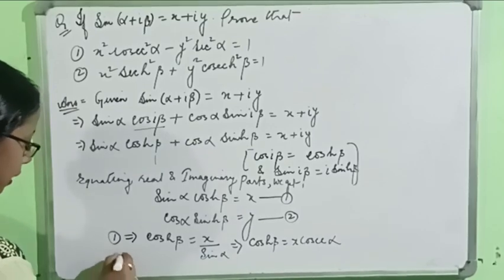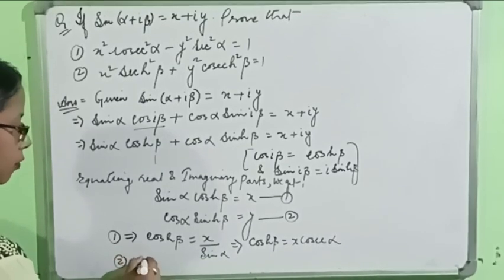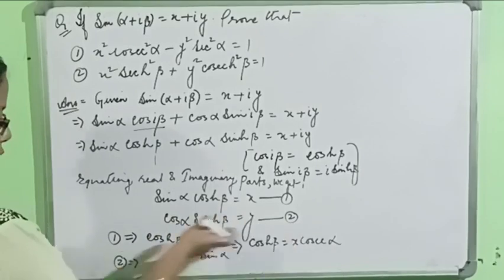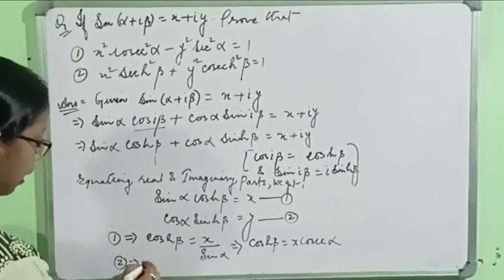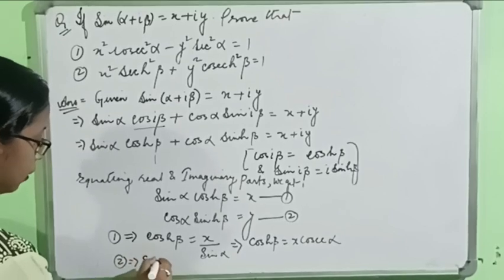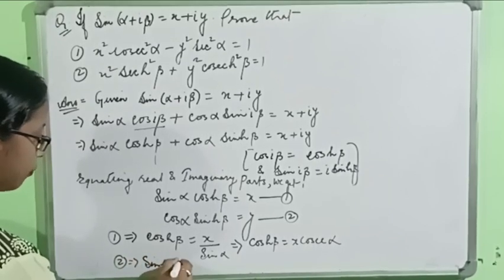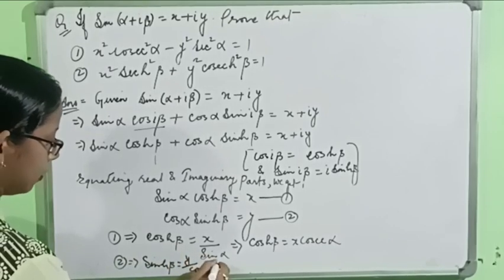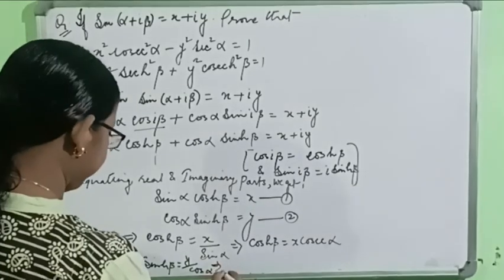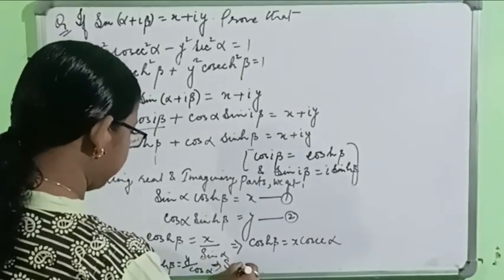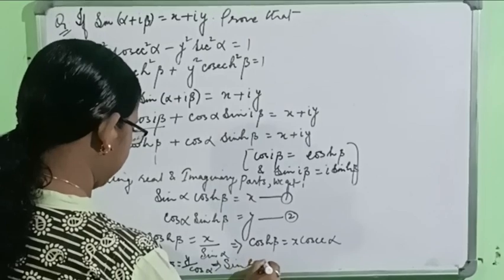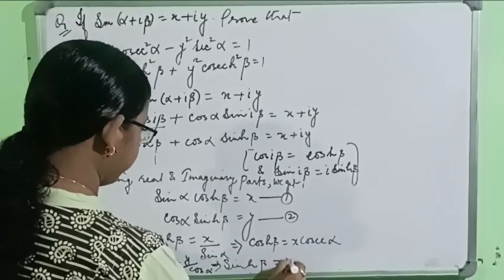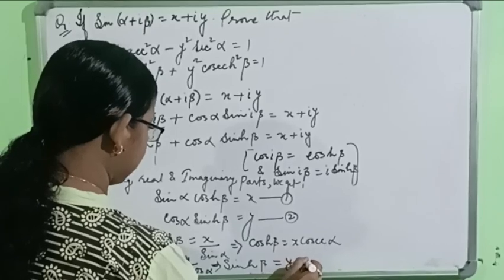Similarly, if I divide equation 2 by cos alpha, in the left hand side I will get sin hyperbolic beta, and in the right hand side we will get y by cos alpha. This implies sin hyperbolic beta is equal to y sec alpha.